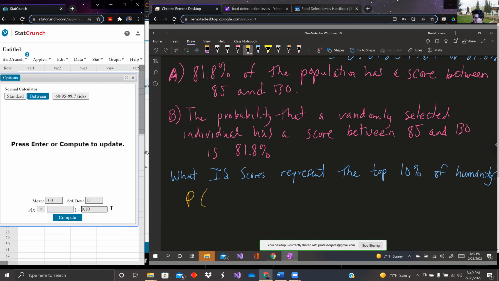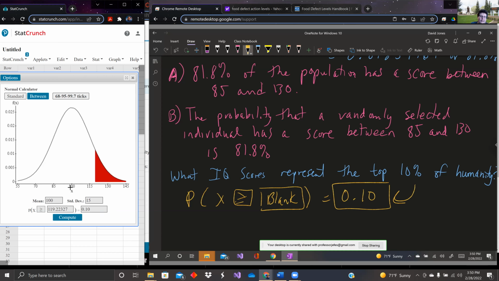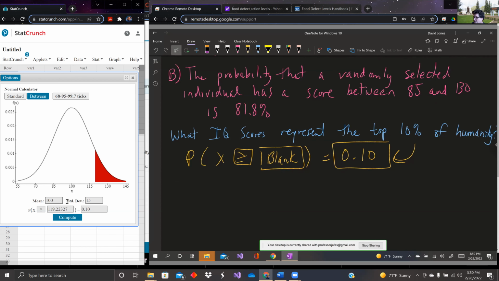Probability that X is greater than or equal to blank equals 0.10. I'm putting the 10% in on the right. And I click compute, and it will give me the score. Probability that X is greater than or equal to 119.22327. I don't know that they use decimals on the IQ.